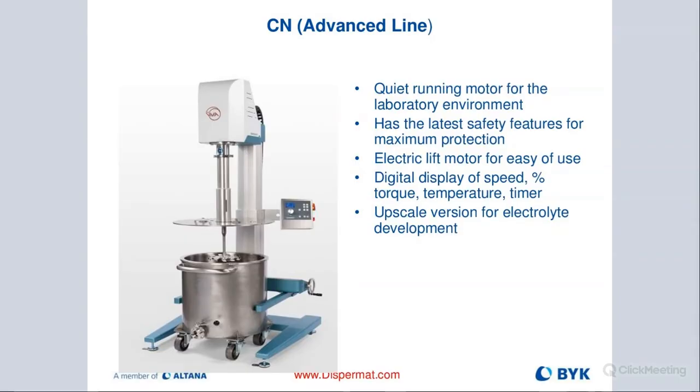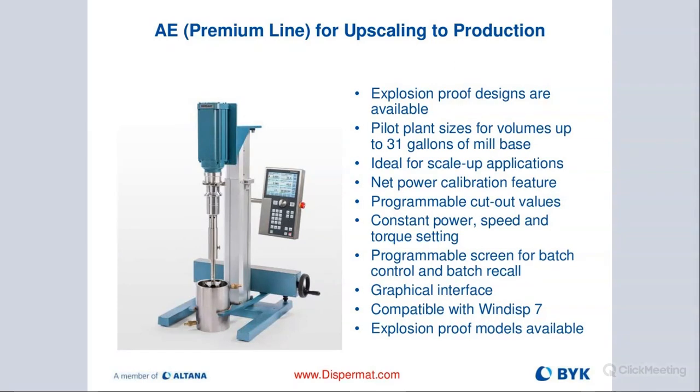Same model for pilot, same features, just larger containers. Again, jacketed containers are available in many different sizes. We also have jacketed vessels with the ceramic liner, if that's what's required. We have also, in the AE series right there, the explosion-proof models available.